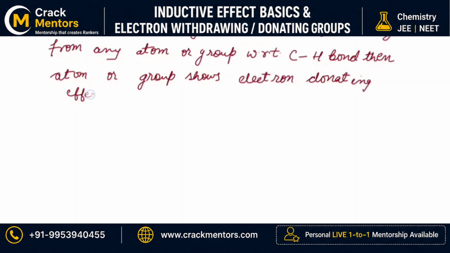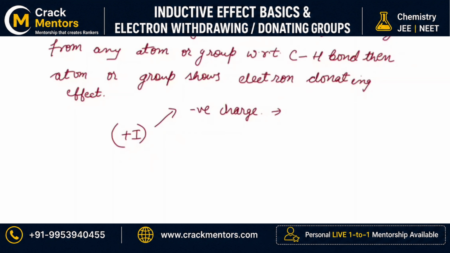In simple language, you can say that carbon is attracting the electrons. So this is what? This is +I, and it can happen if something negative charge thing is attached, so that negative charge thing will give its inductive effect, or you can say it will donate its electron.